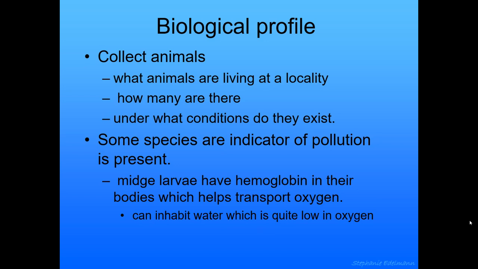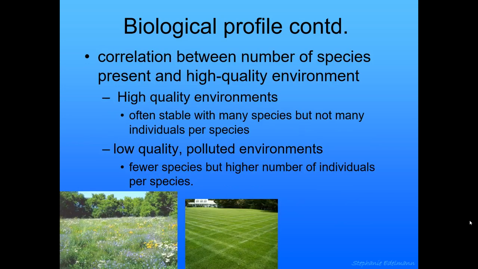And some species are indicators of pollution that is present. For example, midge larvae have hemoglobin in their bodies that helps them transport oxygen. So they can live in water that's quite low in oxygen. So if you find a situation where you don't have a lot of animals, but you've got a whole bunch of midge larvae, that's probably water that's very low in oxygen.